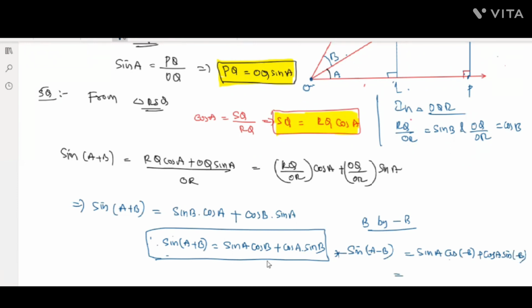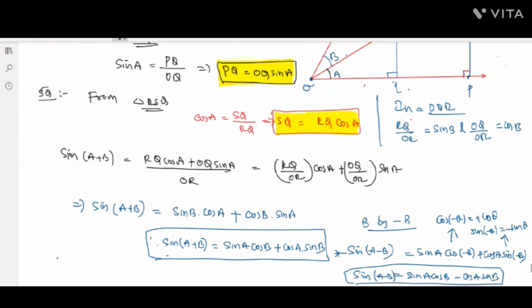Cos of minus theta is plus cos theta only, and sin of minus theta is minus sin theta. So according to this, you will get sin A cos B minus cos A sin B. So this is the sin(A-B) formula.